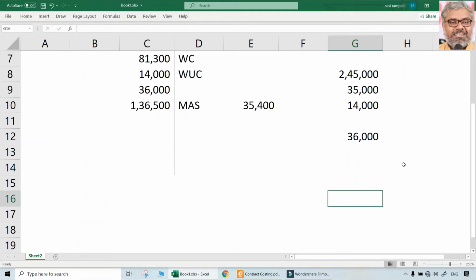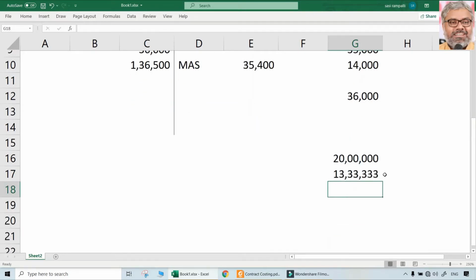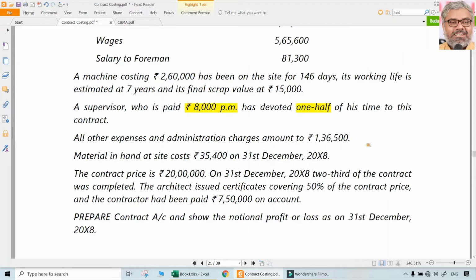So the contract price is first of all 20 lakhs rupees. 2/3 of the contract is completed means the value of the work certified could be this, but it did not certify 2/3. There is another information given. The architect issued certificates covering 50% of the contract price only.